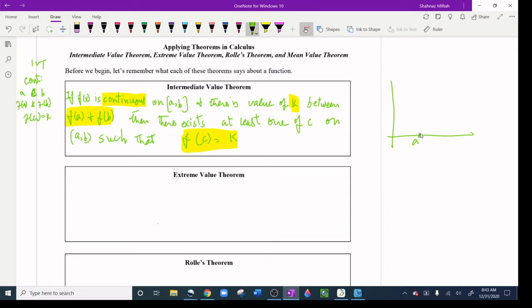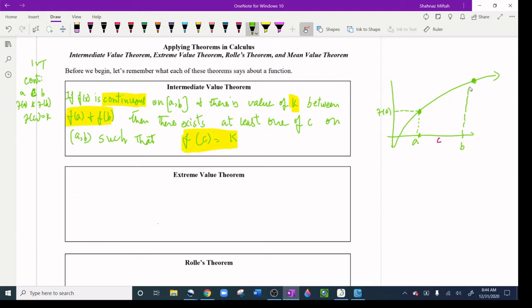If I have a C between them, then it's very likely that, for example, this is f of A and this is f of B. Then K has to be between f of A and f of B. It's like common sense. So this is how the diagram goes for that.